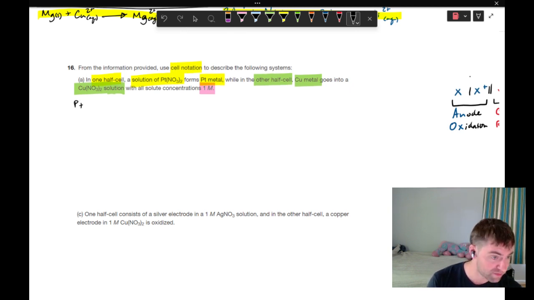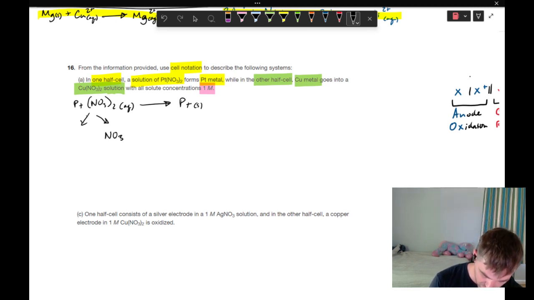So I'm going to write the balanced equation here first, just because I think it will help. We're told that this is in solution, and that it forms solid platinum metal. These species split up. Nitrate has a -1 charge associated with it always.